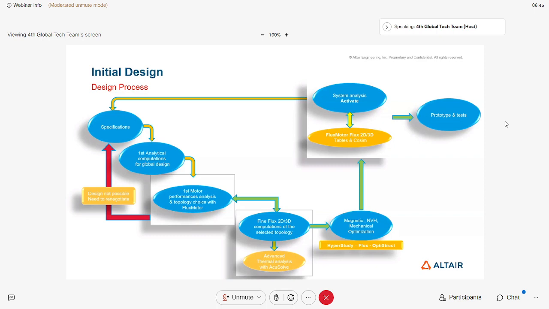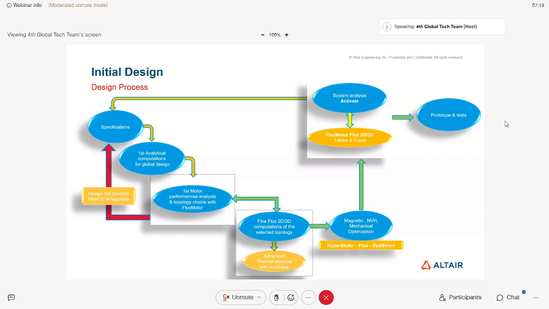Then from Flex Motor, we are not going directly to the prototyping test, because we are doing simulation in order to reduce the number of prototypes. So we need some advanced analysis in terms of EM computation, short circuit, as well as taking into account PWM supply, and maybe for permanent magnet motors, we need to make the demagnetization test.